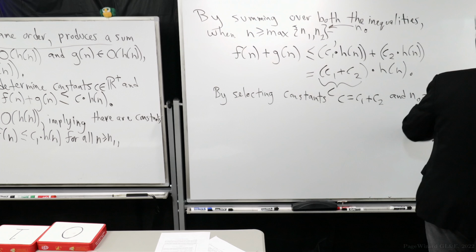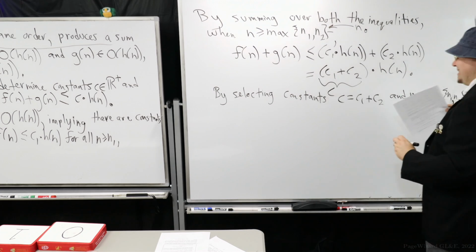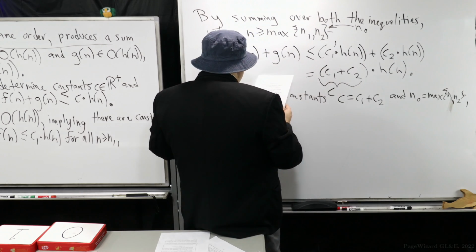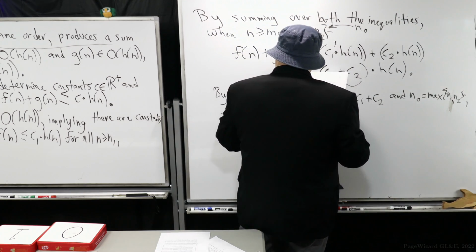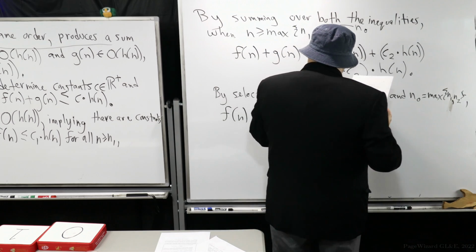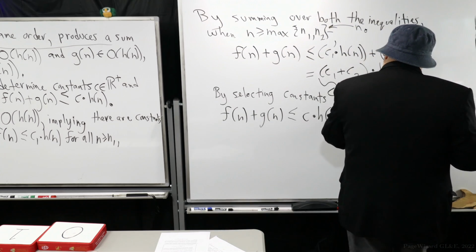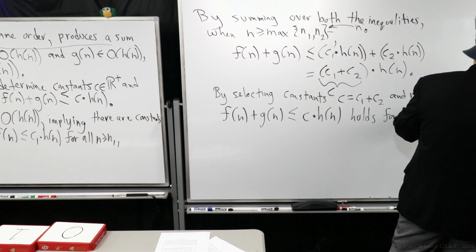Let me fix that, n1 is sort of melting into n2. There we go, n2. Then we have that f of n plus g of n is less than or equal to C times h of n, and this holds for all n greater or equal to n0.